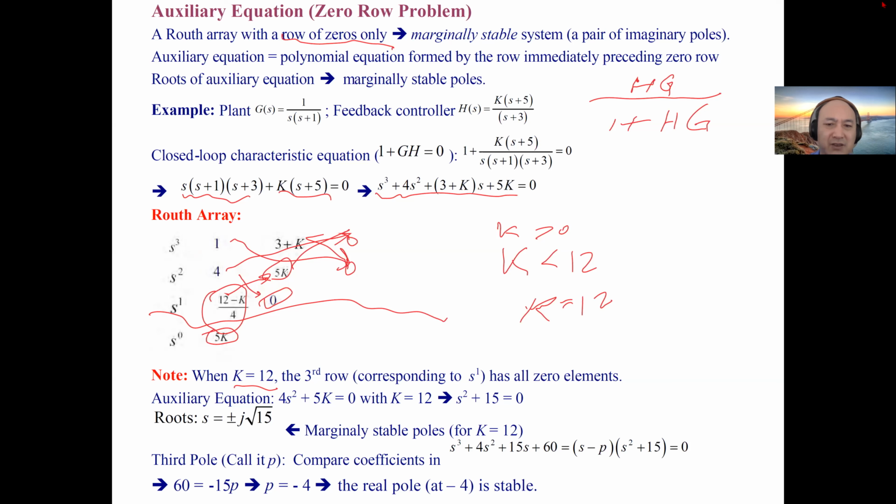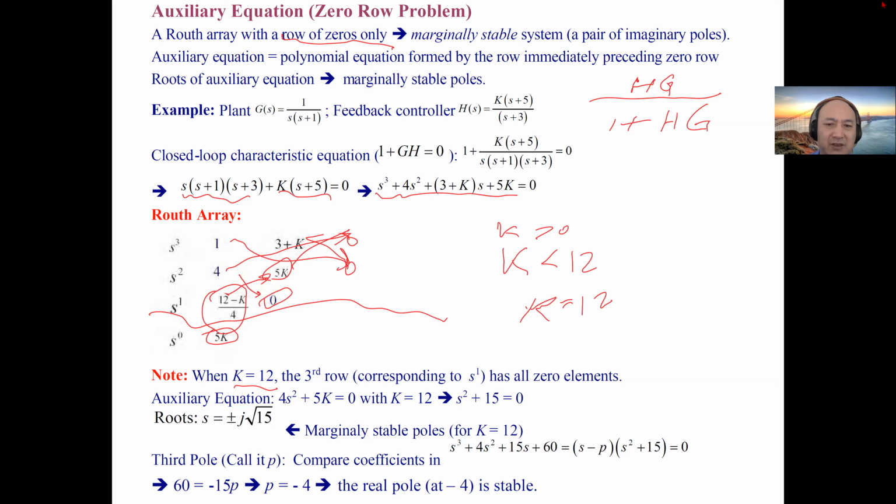This is how you solve for the marginally stable poles when K is 12. Okay. So the third pole, compared to the coefficients, you will get is -4. So it's a real pole at -4. So this is stable. So then you know that the whole system is stable.